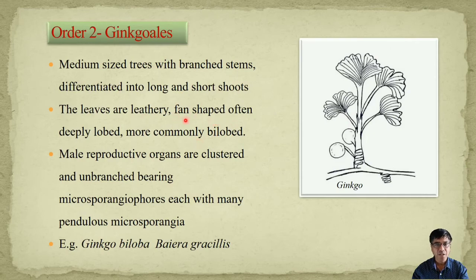Male reproductive organs are clustered and unbranched, bearing microsporangiophores each with many pendulous microsporangia. For example, Ginkgo biloba. It represents a single genus and species. Other example, Baiera.